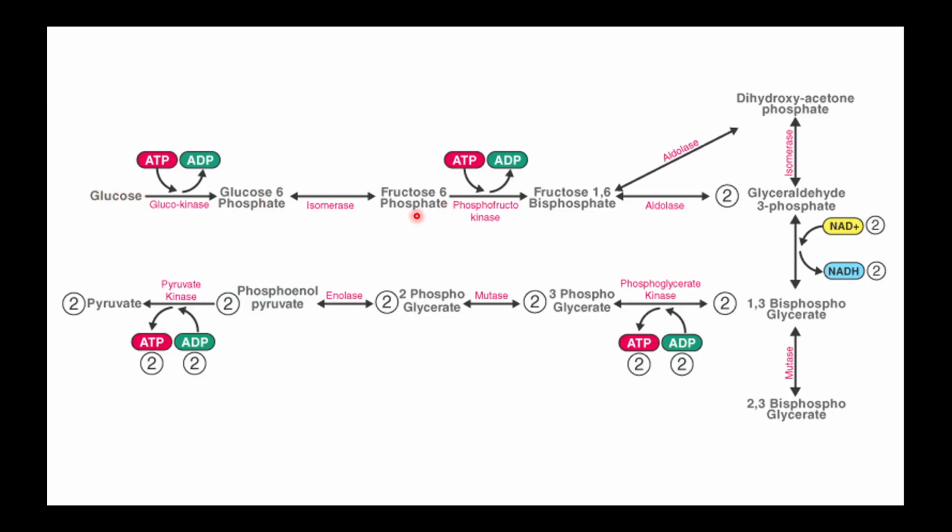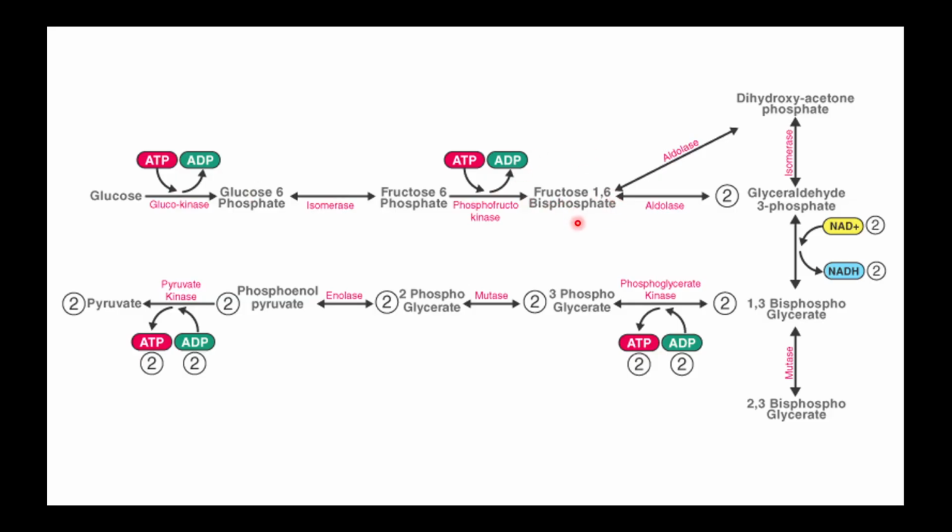Then fructose 6 phosphate, again a 6-carbon compound. Then from fructose 6 phosphate, fructose 1,6 bisphosphate, which is also a 6-carbon compound. Till here we have only phosphate transfers and isomerization reactions. The number of carbons in the compound remains the same. So from glucose to fructose 1,6 bisphosphate, the reaction is balanced.